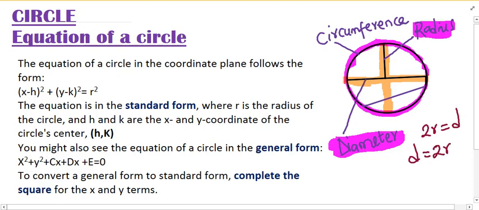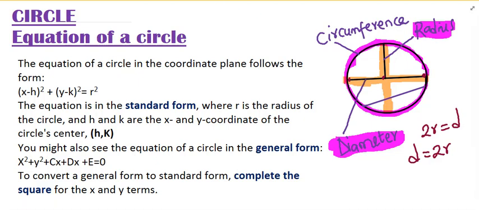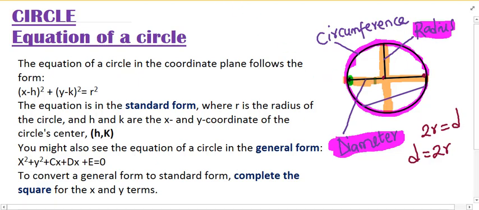That makes sense, because from this point to this point is one radius, and from here to here is another radius, so two radii give us just one single diameter.